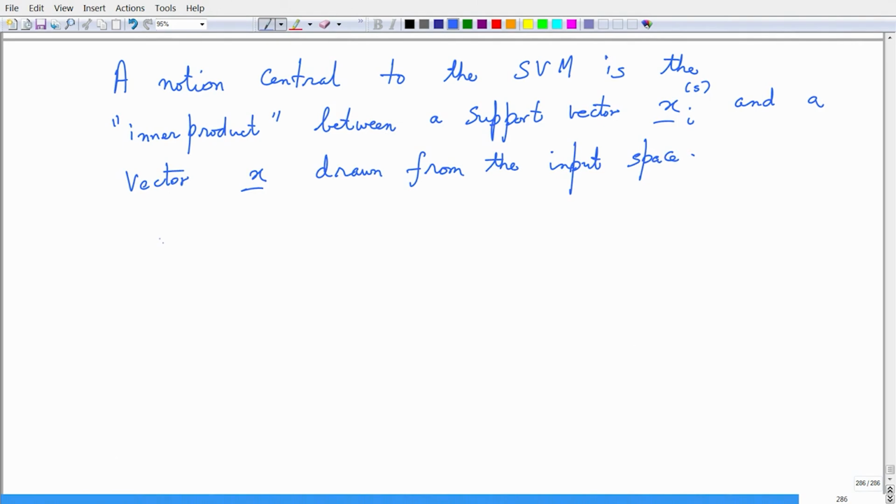And these support vectors, I will discuss what the support vectors are, but you can bear with me till that moment.